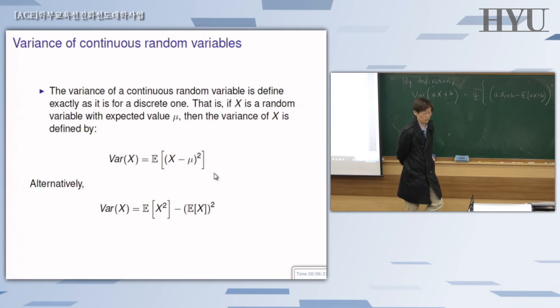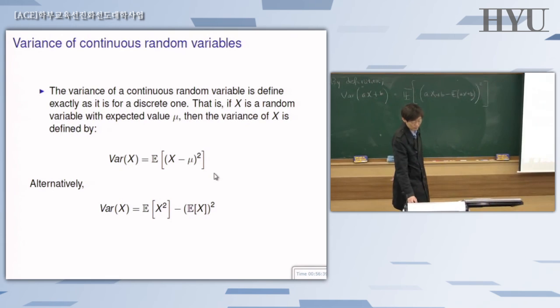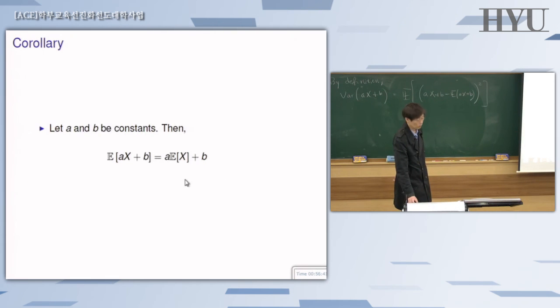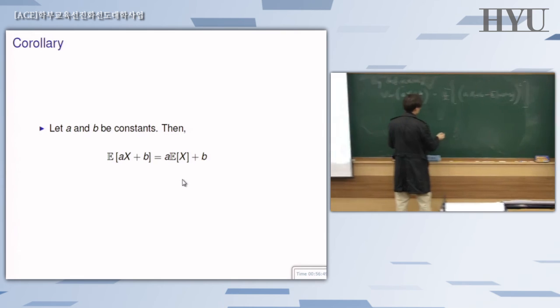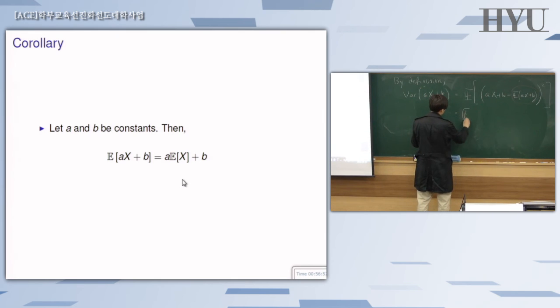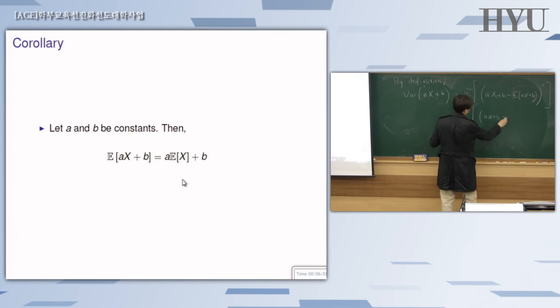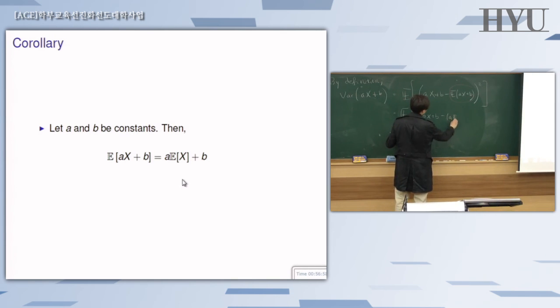Corollary number 1, you apply that. This is corollary number 1, which applies to this part. So if you apply corollary number 1, what you have is this.